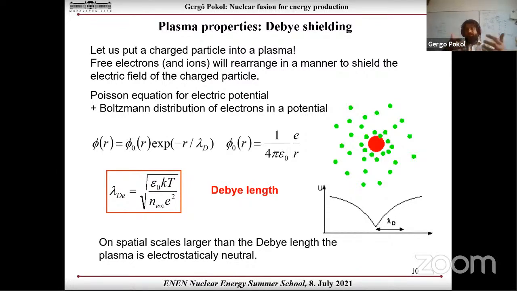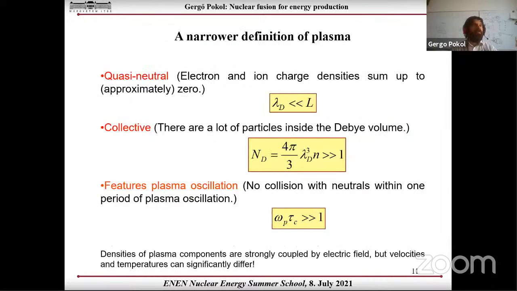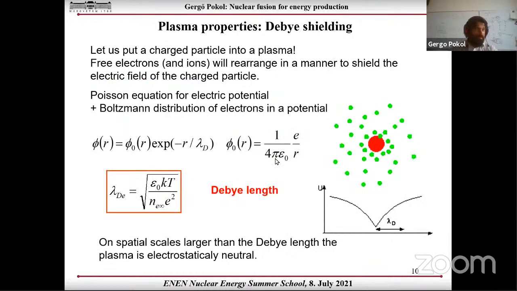So the plasma looks like a neutral fluid on a macroscopic scale, but on a microscopic scale, it still consists of charged particles. The scale on which this change between the microscopic and macroscopic picture happens is called the Debye length.